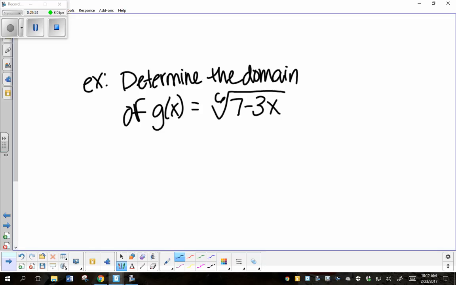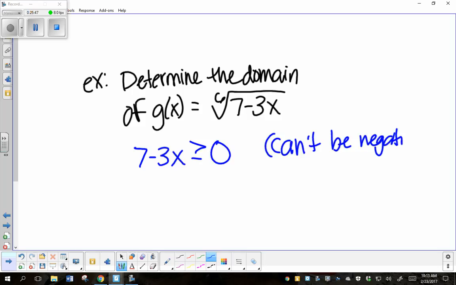So if we're taking an even root, what cannot be inside the square root? A negative. So this stuff in here can't be negative. So 7 minus 3x can't be negative. What does it have to be bigger or equal to then? Bigger than or equal to 0, right? It's got to be greater than or equal to 0.